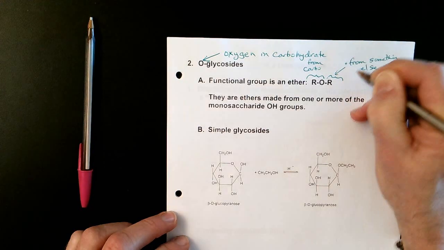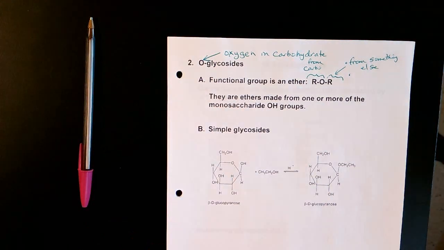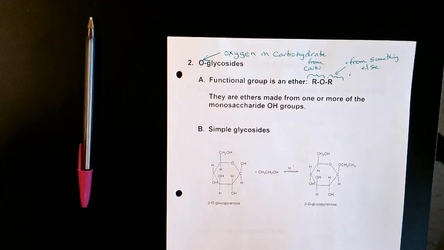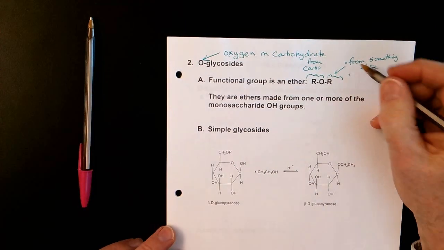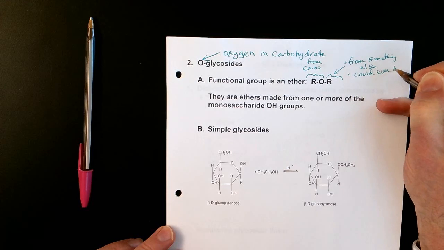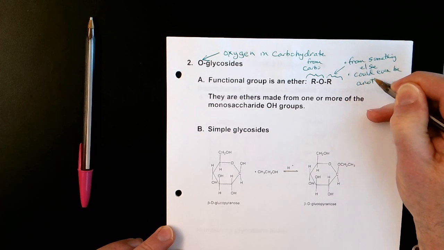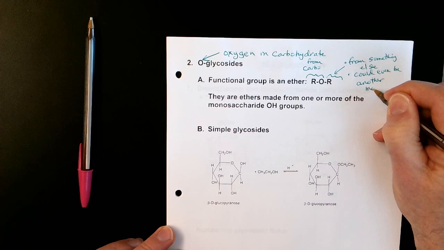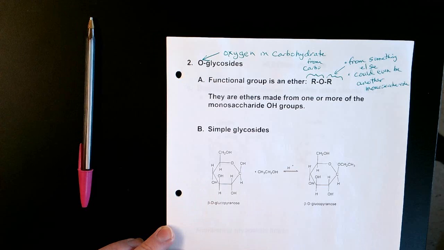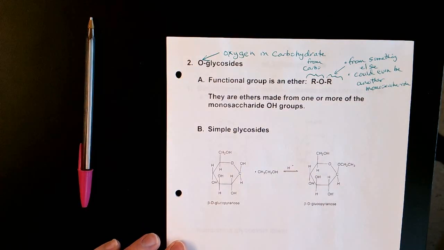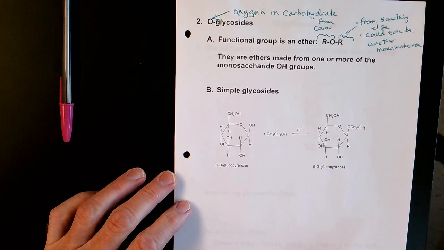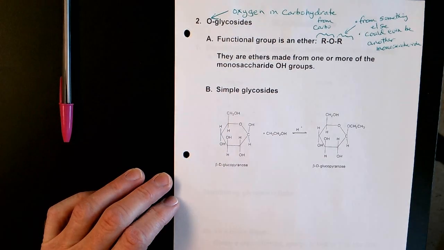Now the catch here is, remember, the something else could even be another monosaccharide. That's the way monosaccharides get bigger. So it could even be another monosaccharide. All right. And like the statement says, they're ethers made by etherifying one or more of the OH groups.